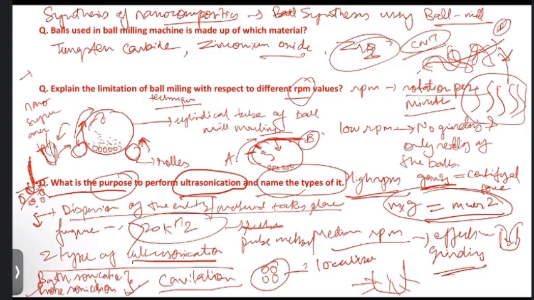When the speed is high, high RPM is there, at this point the gravitational force and centrifugal force balance each other. Mg equals m omega r square. Yeah, only you wrote that, ma'am.